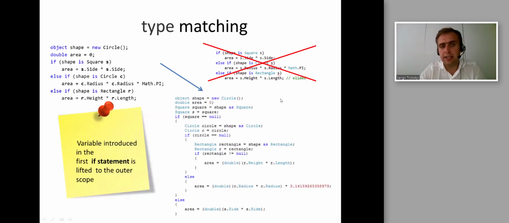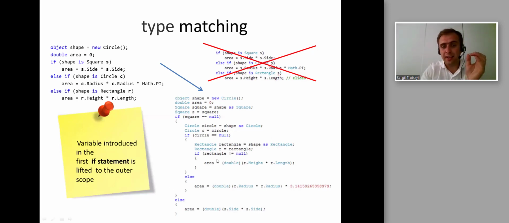So the is pattern matching is only syntactic sugar. It's not something related to the CLR. It is only syntactic sugar, and it transforms this code into that one.